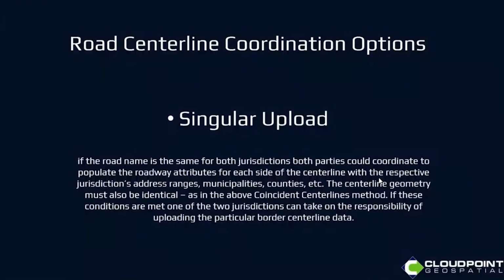However, when uploading to the state or to the EZNet provider, one of these jurisdictions would essentially remove that center line from the upload and rely upon the other PSAP to do the upload for that road center line. So essentially it's coordinating that road center line and just having one of the PSAPs upload both attribute sides of that road center line.